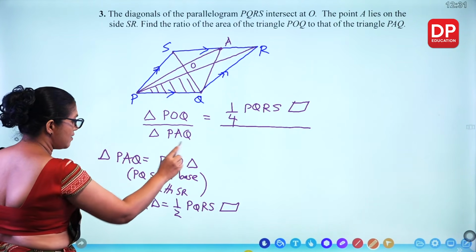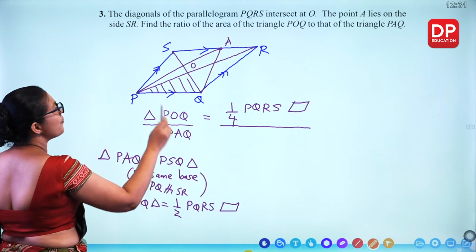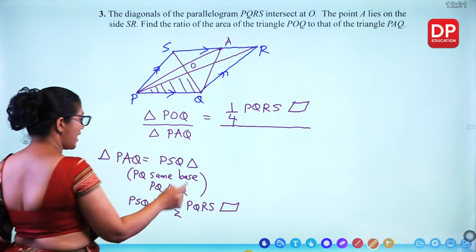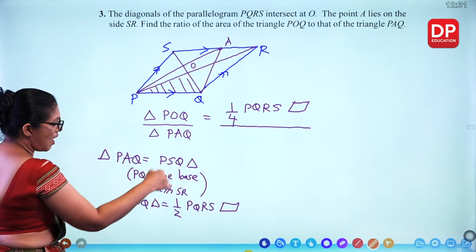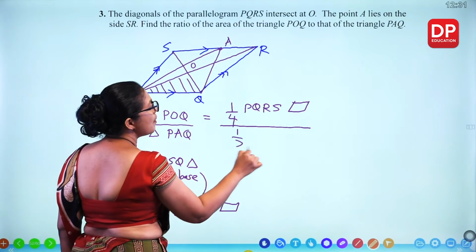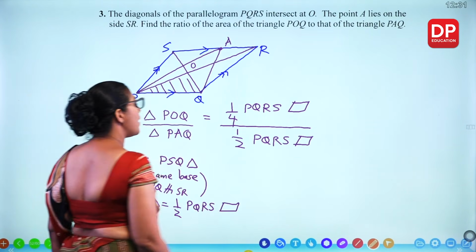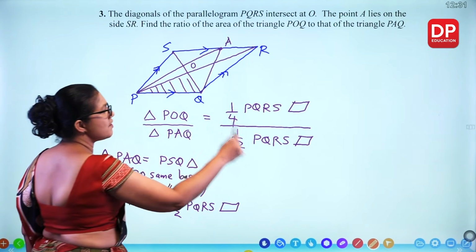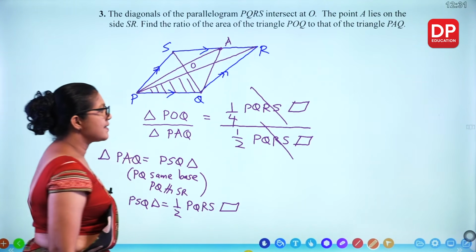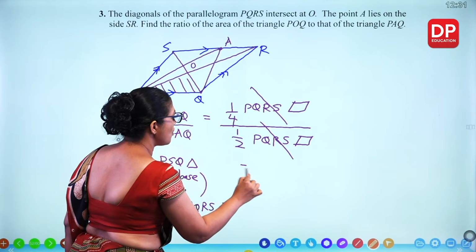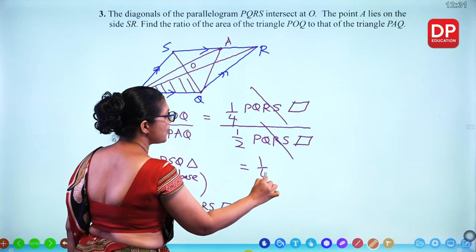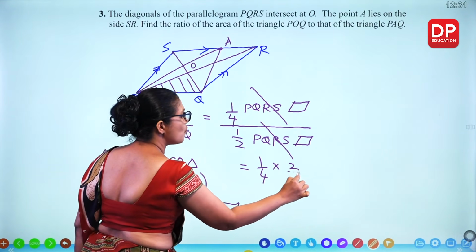Now, instead of PAQ, I can write down half of PQRS parallelogram area. Now, when you divide, these two get cancelled out. What's the ratio? 1/4 multiplied by 2/1.